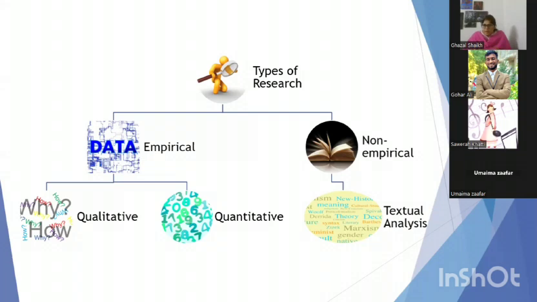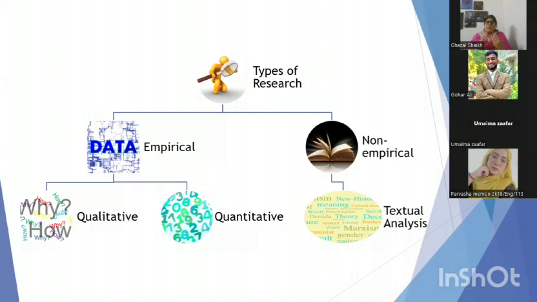In arts and humanities, mostly, we use non-empirical research. We use non-data-based research. This is the kind of research that is done in literature, in history, in fine arts, in philosophy. There, we don't have data. In literature, we have a text.